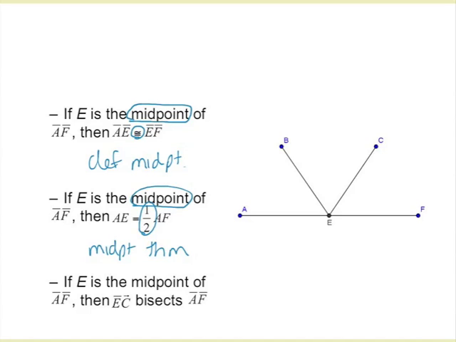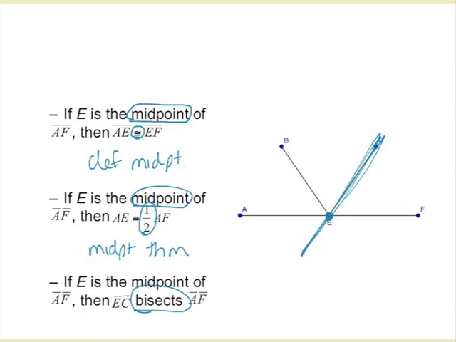If E is the midpoint of AF, then EC bisects AF. So if E is the midpoint of AF, then EC, this ray, bisects or cuts AF in half. This one's kind of tricky because that really has two keywords in there, midpoint and bisects.